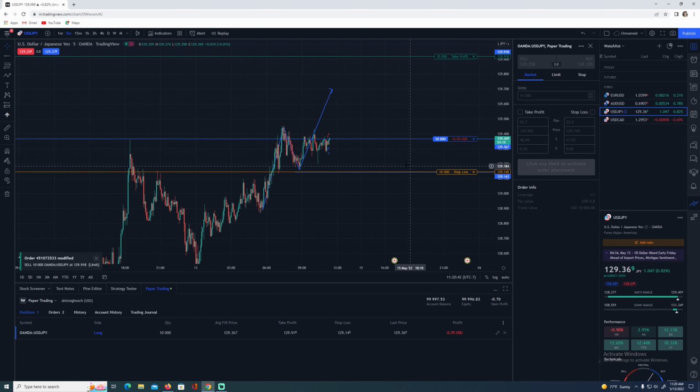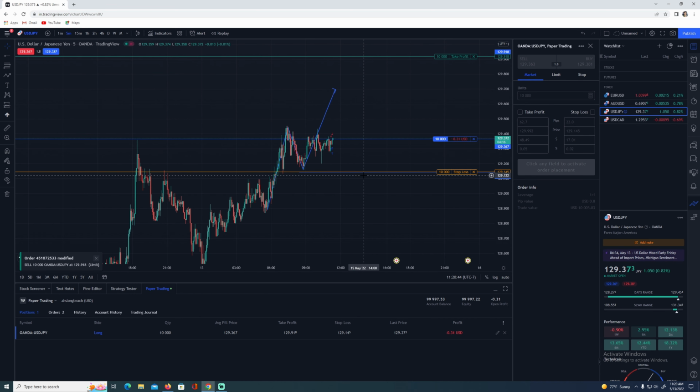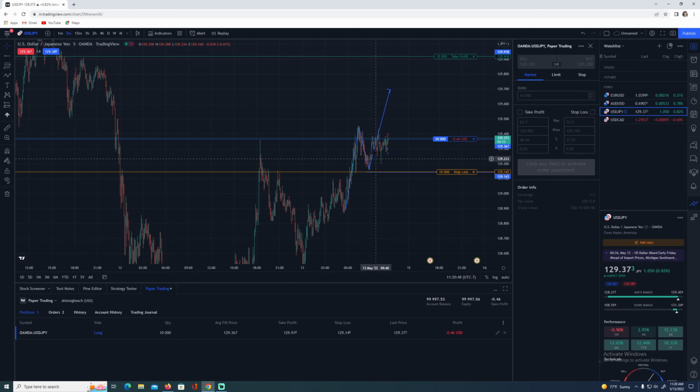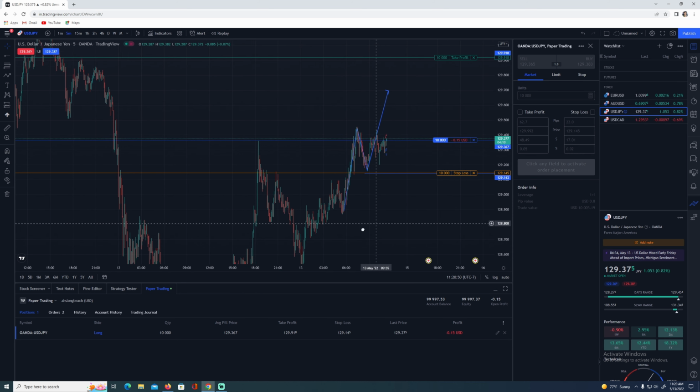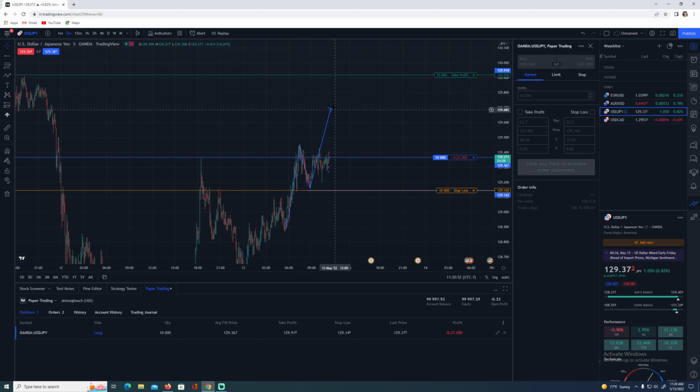And now it's just the waiting game. Now we're just going to wait for price to deliver. If it wants to keep going up because of the analysis that we did, price should go up, create higher highs, higher lows until it gets here. And eventually once it gets here, we'll be profiting $48.